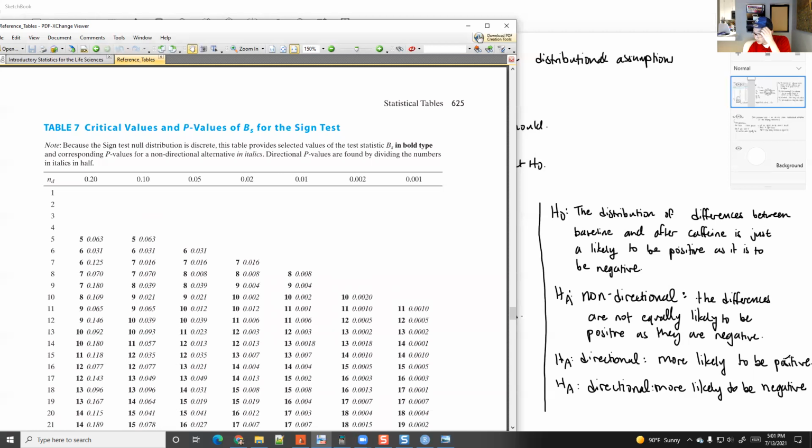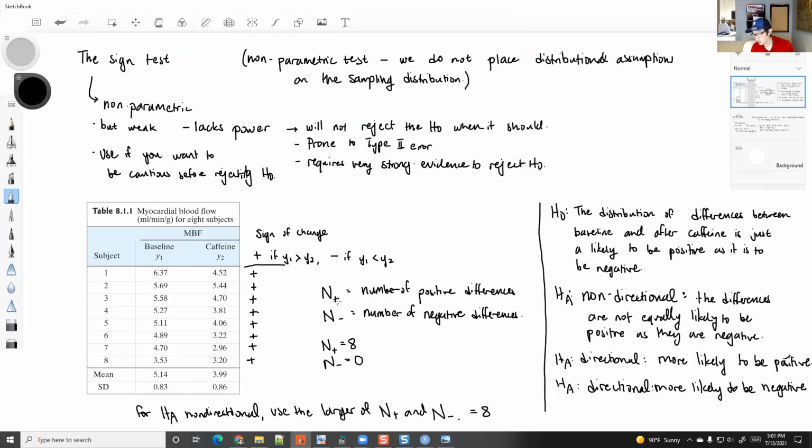We have a question that says, is the null hypothesis saying that n plus is equal to n minus? It's saying effectively something like that, where we would expect n plus to be equal to n minus. If the null hypothesis were true, we would expect n plus to equal n minus, but we're not explicitly saying that in the null hypothesis, because n plus and n minus are the values that you get in your sample.